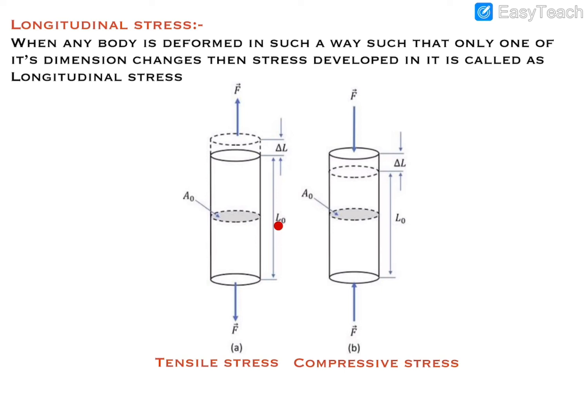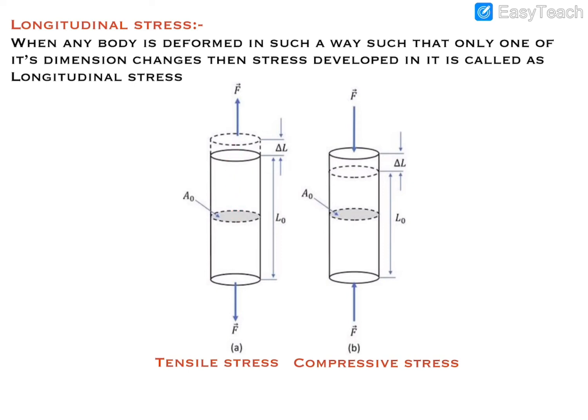Longitudinal stress is the stress developed in a body when its length changes. This is a piece of wire or rod, and this is a tensile force which is stretching the wire. When this force stretches the wire by a length of delta L, a restoring force is developed in the opposite direction, downward.